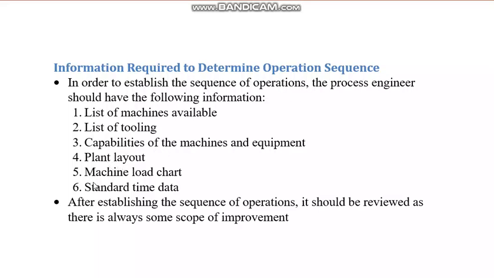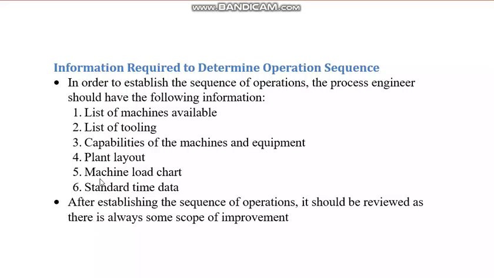Then the plant layout. In a machine shop, you should know where which machine is kept, and how material will be traveling from one place to another, because that will influence the sequence of operations: where the machines are placed, how they are placed, how the material will move, where the conveyors are. All those things matter.